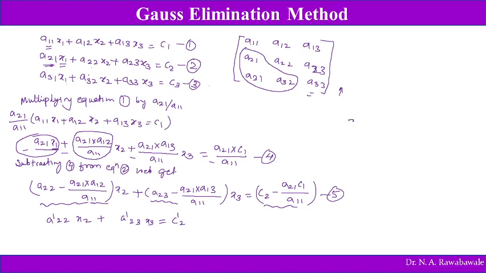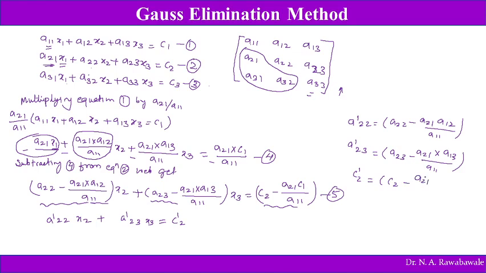So that is nothing but a dash 22 is taken as a22 minus of a21 a12 divided by a11. Then a dash 23 is taken as again a23 minus of a21 into a13 divided by a11, and c dash 2 is taken as c2 minus a21 c1 divided by a11.